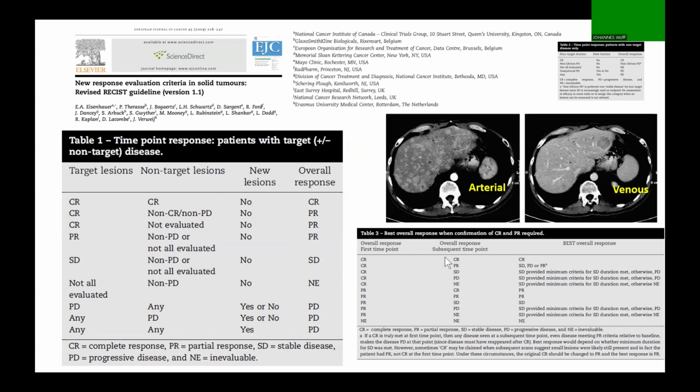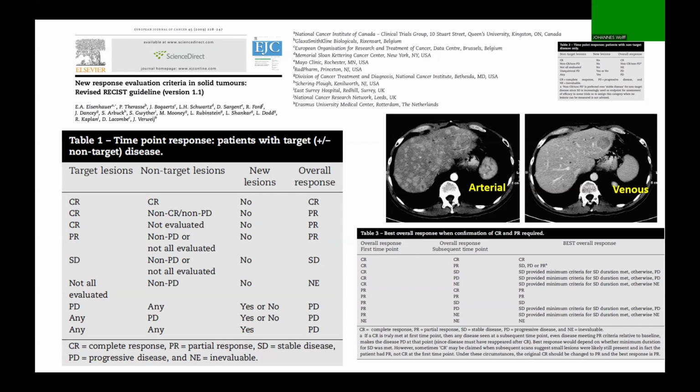The table underneath, table 3 of that paper, deals with the question of how to put different time points together to define a best response for an individual patient. And that has also something to do with the confirmation.